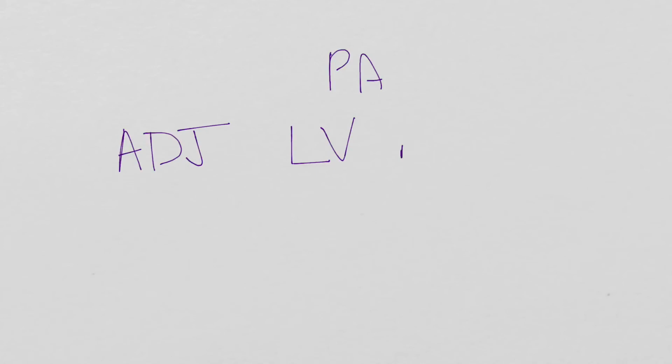All right, let's start with the predicate adjective. So, a predicate adjective is an adjective that follows a linking verb and modifies the subject. Sorry, my handwriting is so bad with the stylus.